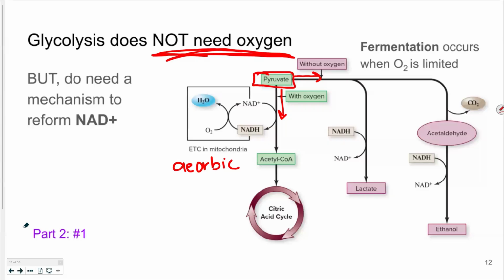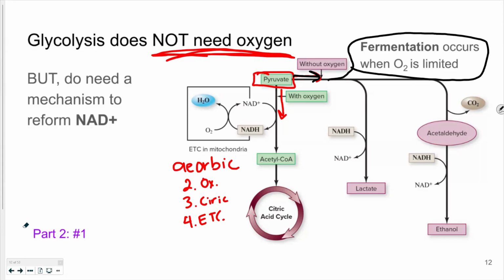That's where we're going to go: we did glycolysis, we're going to do the oxidation of pyruvate, the citric acid cycle, and then the electron transport chain. But if there's not enough oxygen, we have to take this other pathway, and we're going to call that process fermentation, and we'll go through the details of this at the end. We're going to talk about the aerobic respiration pathway first.